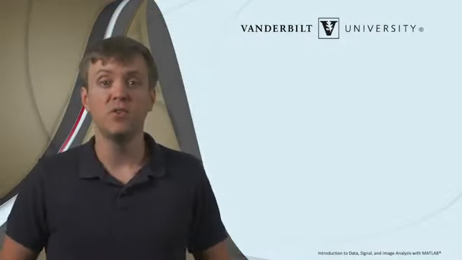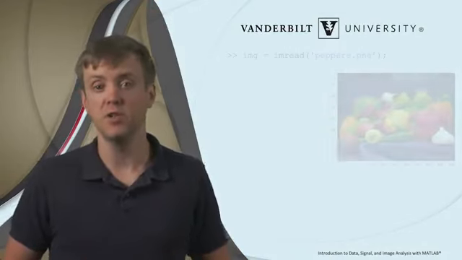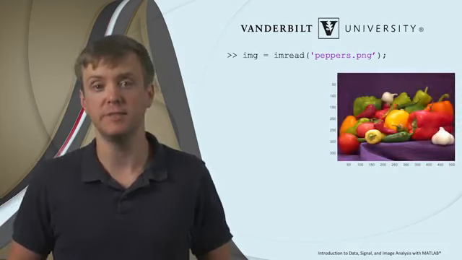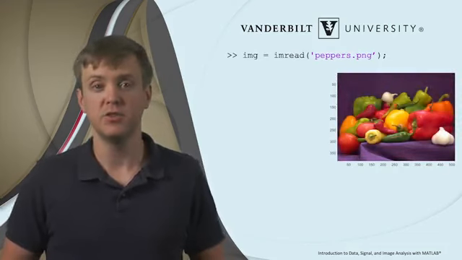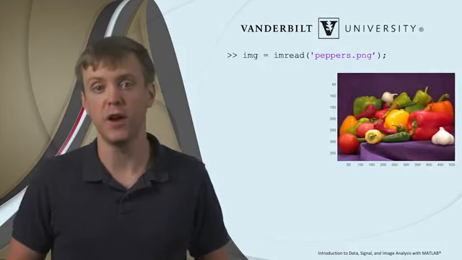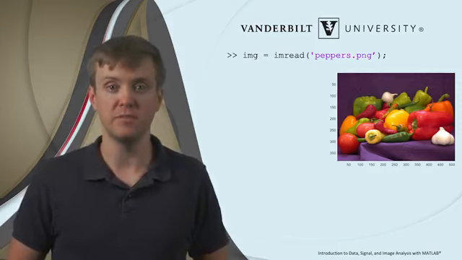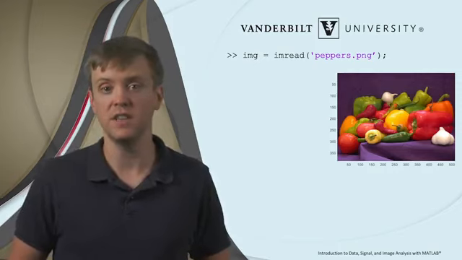Thus far, we have only looked at grayscale images. Now let's consider color images. An example of a color image is peppers.png. This image shows a variety of green, red, orange, and yellow peppers on a purple background. The standard approach for representing colors in our image matrix is to have not one single channel grayscale matrix, but rather 3 channels.